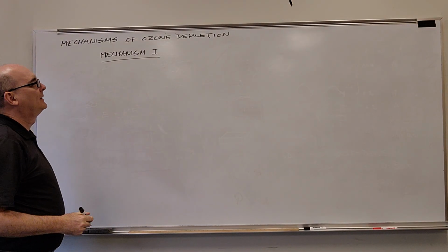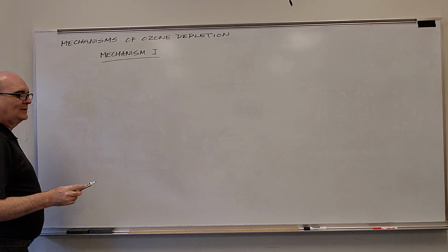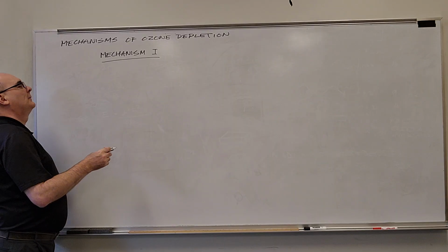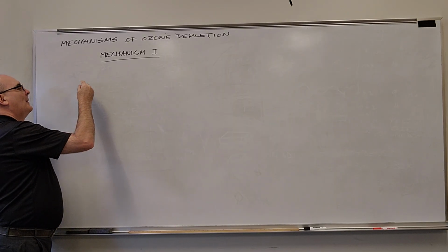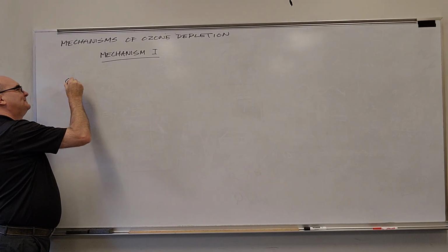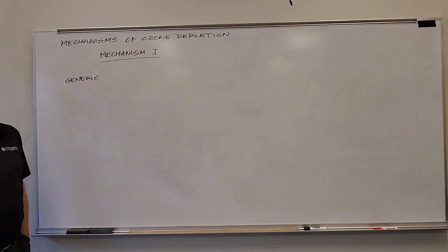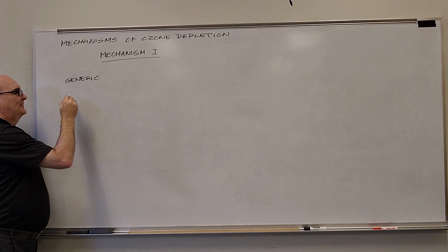Mechanism 1 does this. Before I write it on the board, there are a couple of abbreviations that we use in chemistry that might come up. They're generic. They don't represent anything specific.